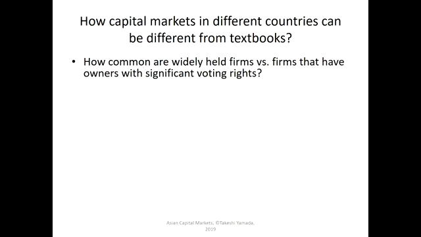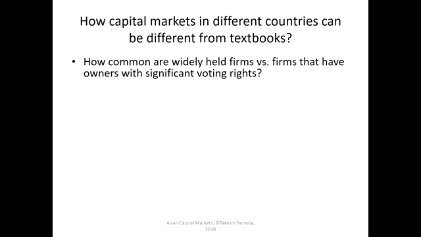So first you have to ask, how common are widely held firms versus firms that have owners with significant voting rights? So some owners could control the firm significantly.